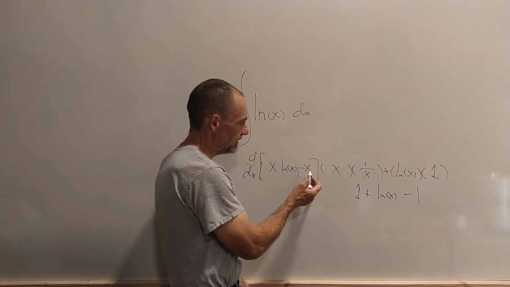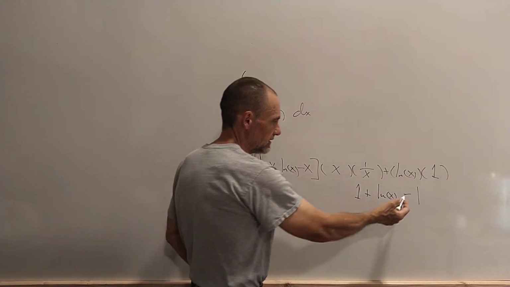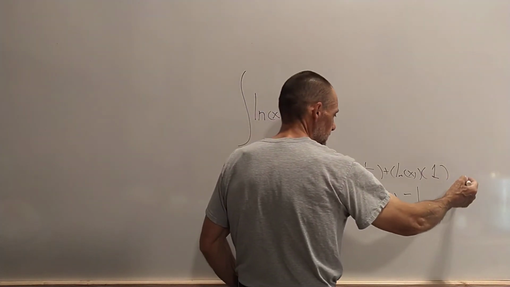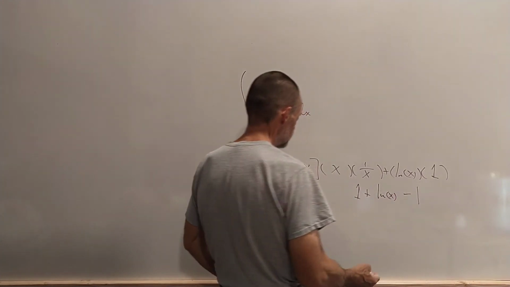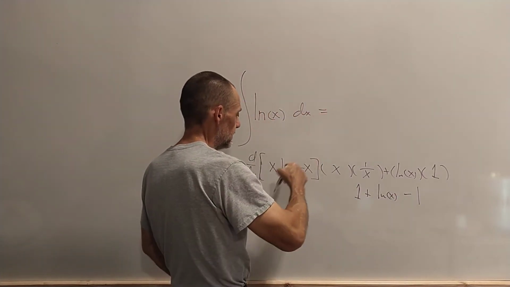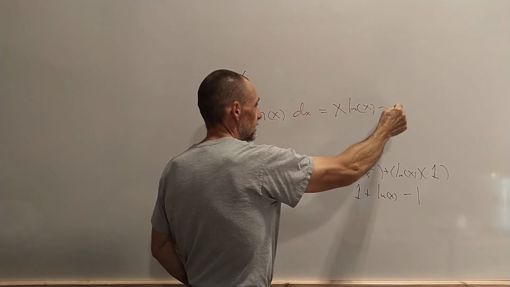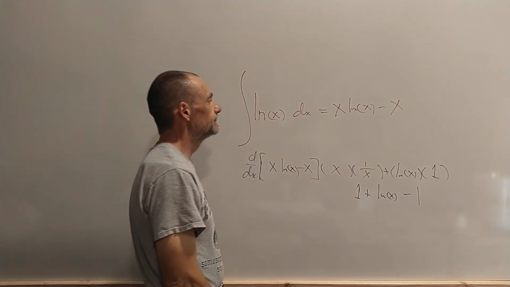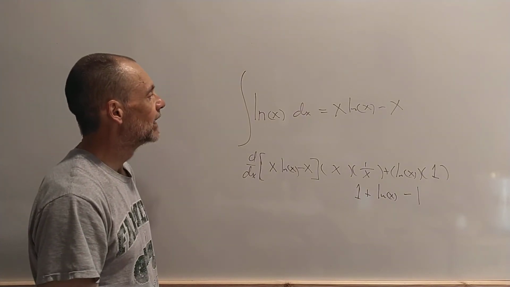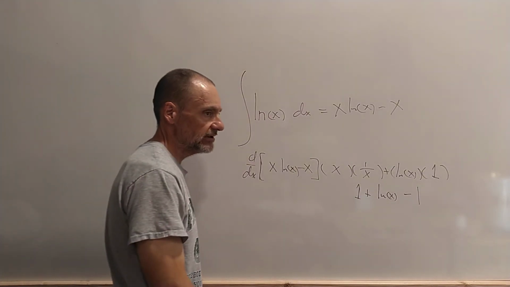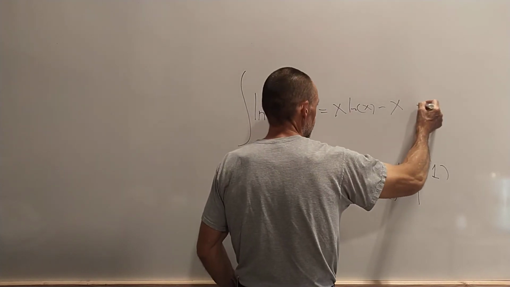And then I have minus x. The derivative of minus x is minus 1. 1 minus 1. So that's going to be log x, right? So this, apparently, is going to be x log x minus x. Since it's an antiderivative, there's the possibility of a constant out here.